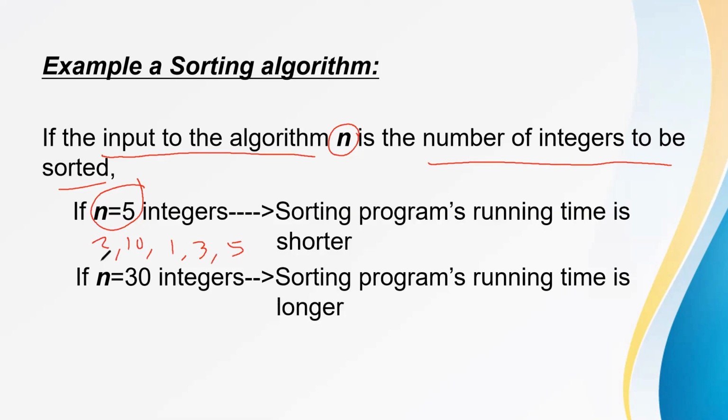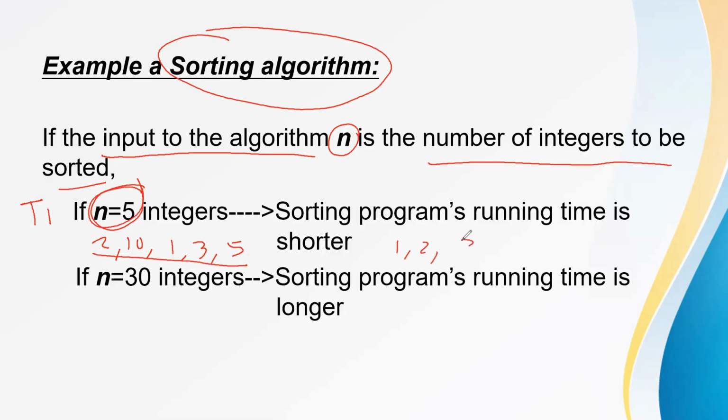That same sorting algorithm, at time t1, sorts these 5 integers, and the result, of course, is 1, 2, 3, 5, and 10.